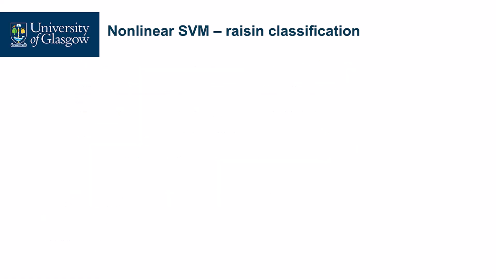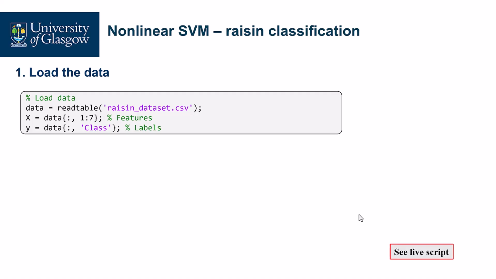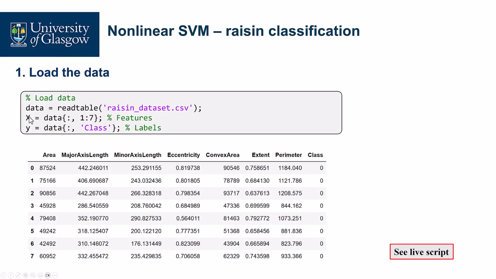So now consider you are the information engineer. You want to train a nonlinear SVM to classify the raisins. First, as we can see, we know the data. This one we have covered in the last session, the banknote one, so I don't explain more. We read the CSV file and make the matrix of features and labels.